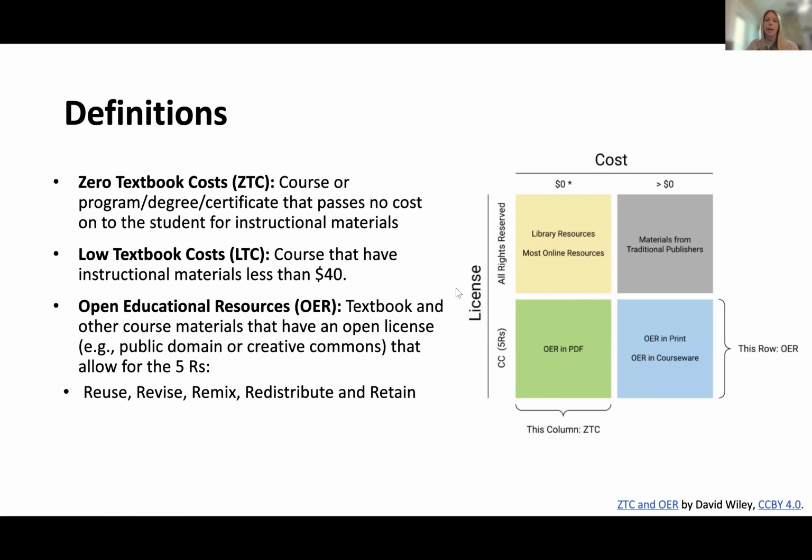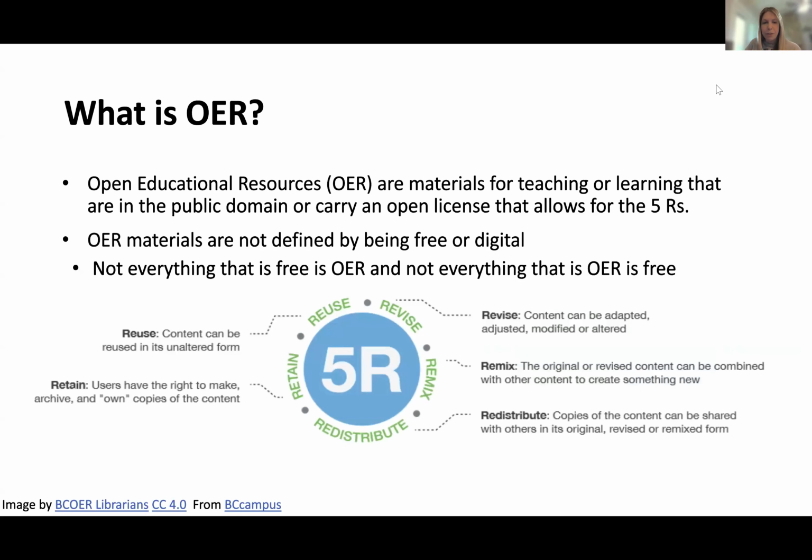So an OER is going to allow people to do what we call the free Rs. And it's really important to recognize that not everything that's free online is an OER, not everything that's digital is an OER. But specifically, OERs have special licenses, which we won't talk about today, that let faculty reuse them, retain them, revise them, remix them, and redistribute them.